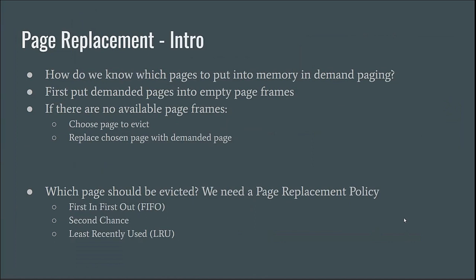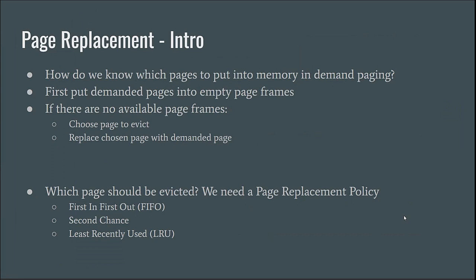And so we need to find out, how do we know which pages to put into memory when we're in demand paging? The first thing is you put the demanded pages into empty page frames, because if it's empty, there's nothing already there, so just put stuff there. But what if there are no available page frames?